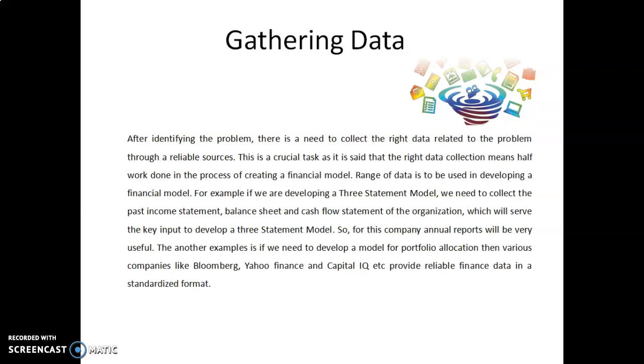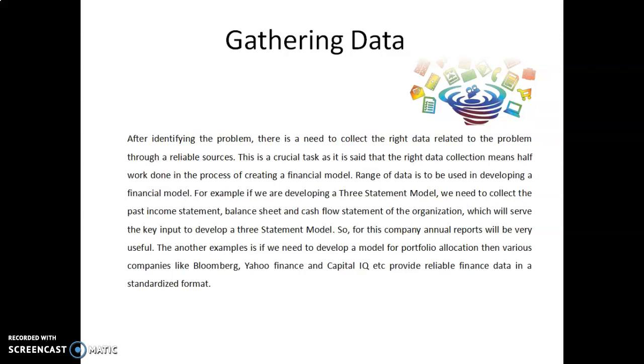A range of data is used to develop a financial model. For example, a three-statement model is related to the income statement, balance sheet and cash flow statement, so we need to collect the past income statement, balance sheet and cash flow statement of the organization, which will serve as the key input to develop a three-statement model.